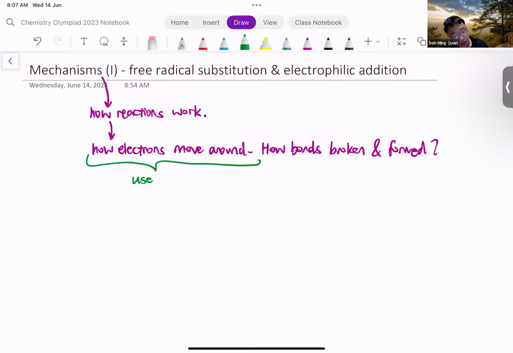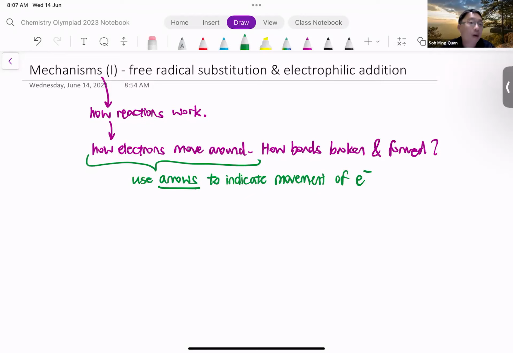is that we will use arrows to indicate movement of electrons. Today we will be drawing a lot of arrows. Whenever you draw an arrow, what you mean is that the electrons are moving in a particular direction, a particular way.